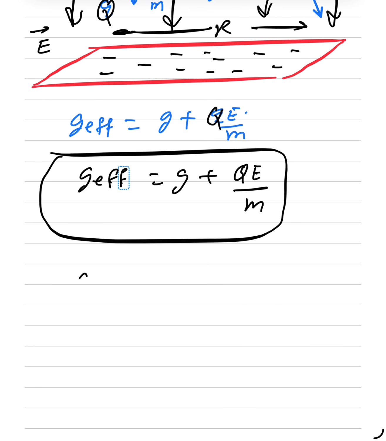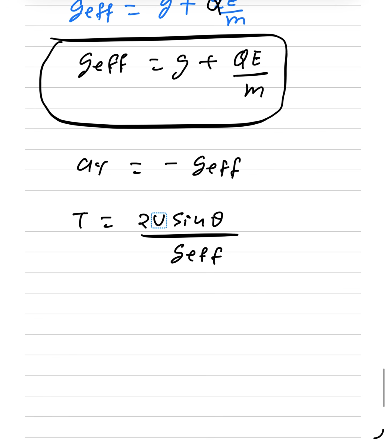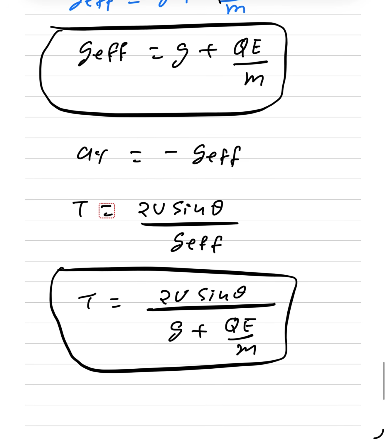This is the value of g effective, and for the calculations a y equals minus g effective. Using the same formulas, for example the time of flight t equals u sin theta divided by g, we now use g effective: t equals u sin theta divided by g effective, meaning g plus QE divided by m.